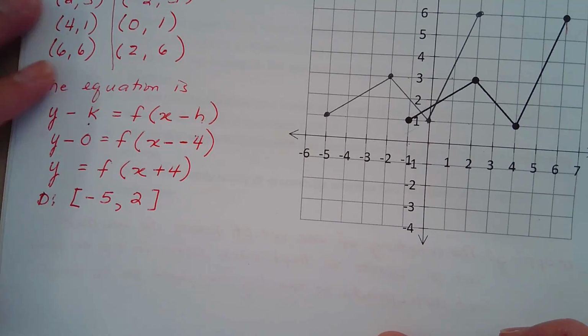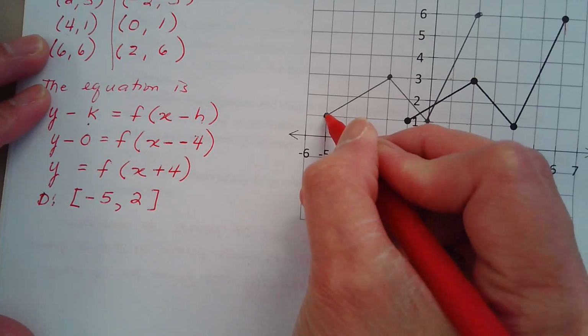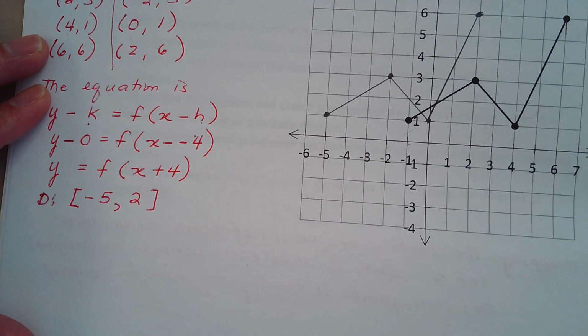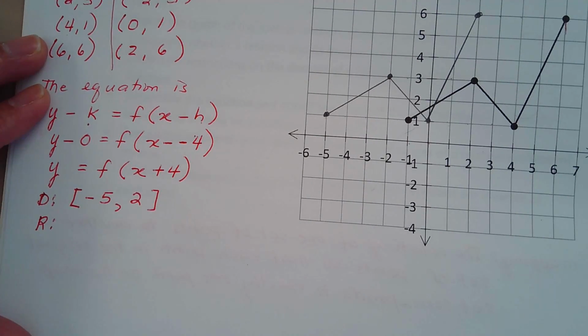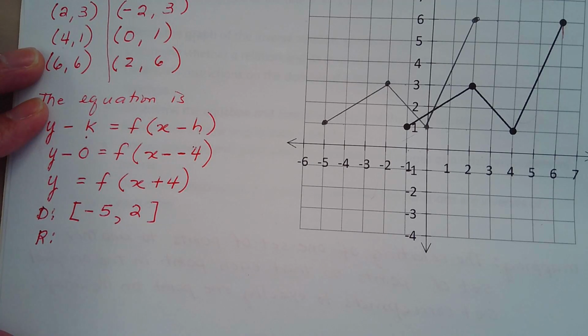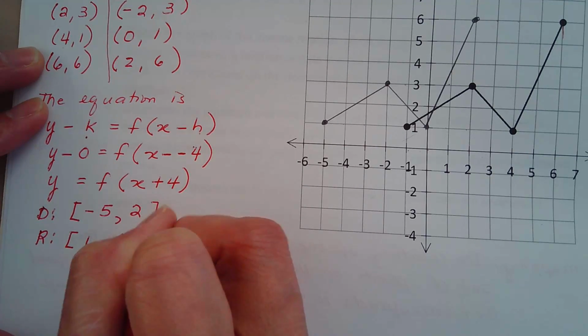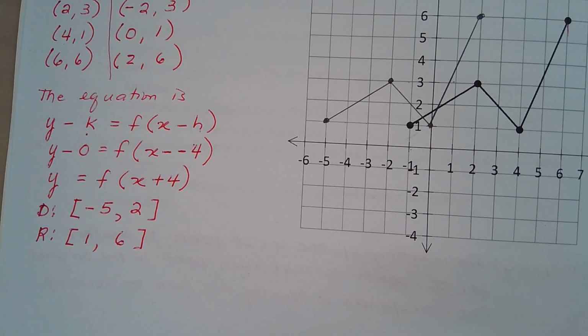Why square brackets? Because it's defined at that particular point, and it's defined at 2. What's the range? 1 to 6, including 1 and including 6. Okay? Good? So that's for number 1.